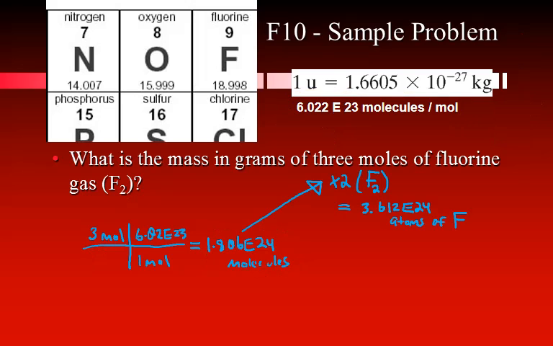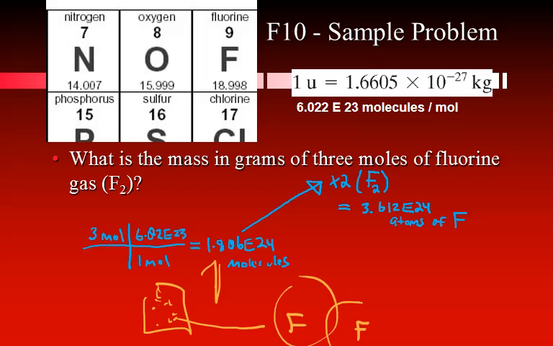So once we have that, we know that we can multiply that by 2, for 3 moles, right? So 1 mole would be that. That would be how many molecules are inside. So in other words, that's how many dots you have in there. But every single one of these dots means that we have 2 atoms of fluorine, right?